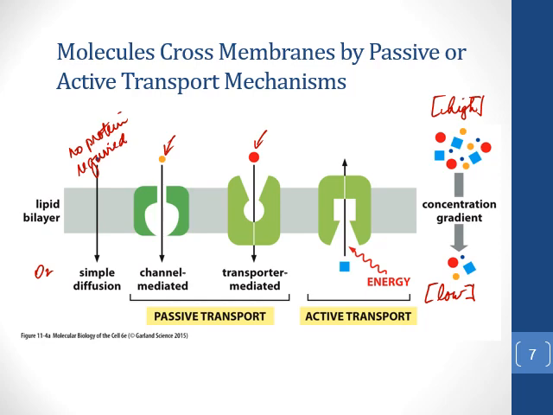In this case, we're trying to move something against its concentration gradient, and that's going to require an input of energy. Now again, why does it require an input of energy to move something against this concentration gradient? Well, because it's not energetically favorable. Why isn't it energetically favorable? It's not energetically favorable because entropy in this case is, what's happening to entropy? Entropy is decreasing.